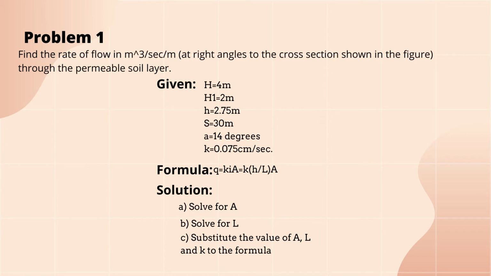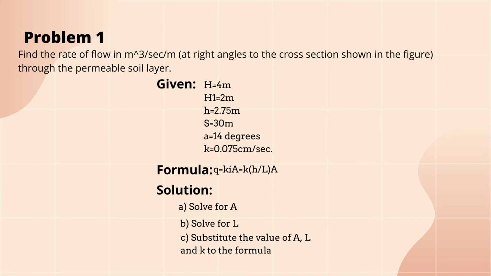And we have this formula, Q is equal to KIA, this is equal to K times h over L times A. The solution for this is, first we need to solve for A, and then we will solve for L, then we substitute the value. This is the solution.